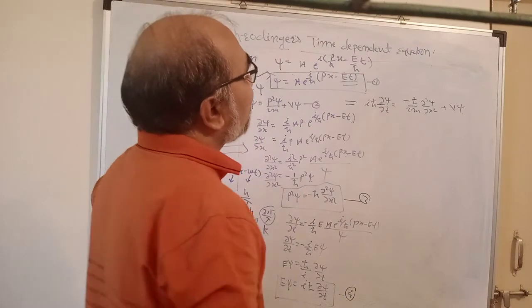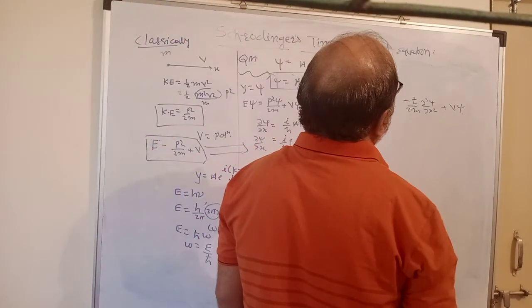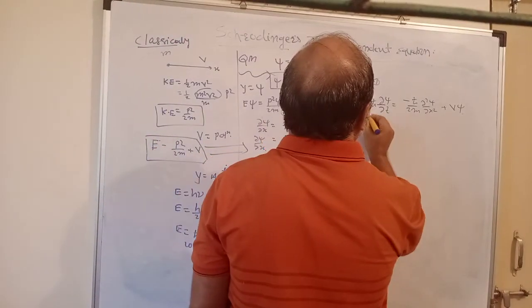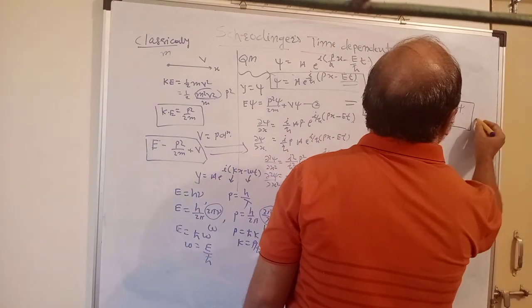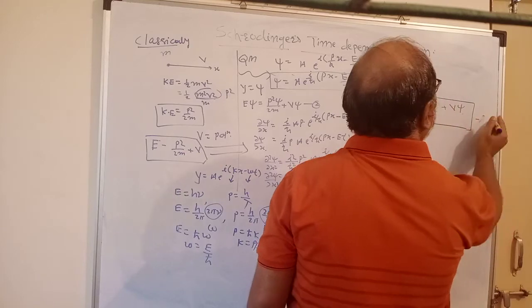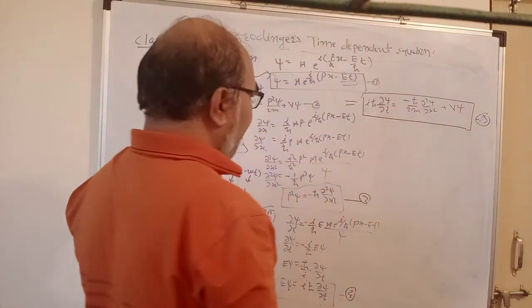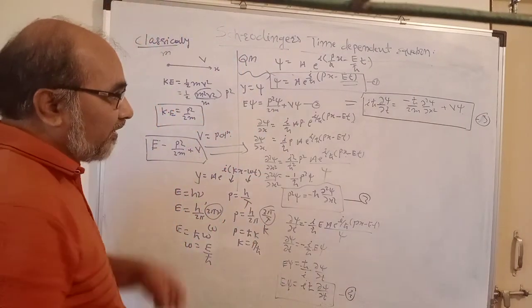Okay, so this is the first order Schrödinger equation, say equation 5. So this is the time dependent Schrödinger equation for one dimension.